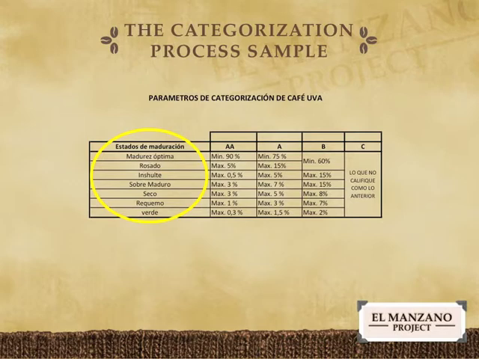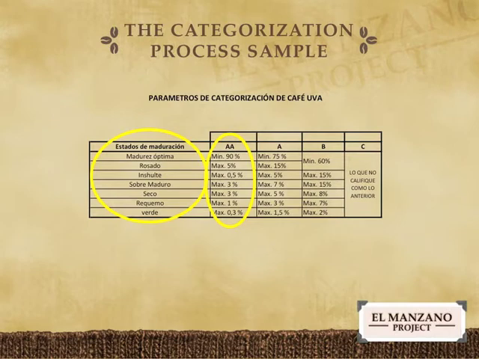Over here, double A. What does a coffee need to have or to be to become a double A coffee? It needs to have at least 90% of optimum ripeness, but all the rest of the parameters are maximums. So a coffee could have 92% optimum ripeness, but if a coffee has more than 3% of dry, it will jump to the next one.